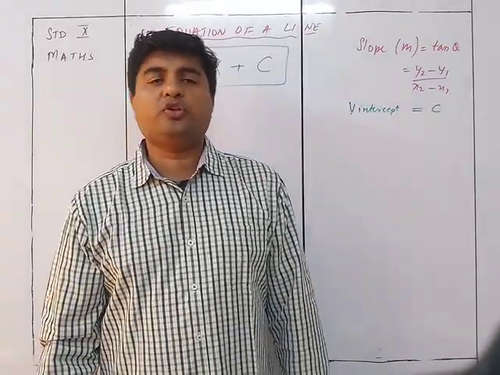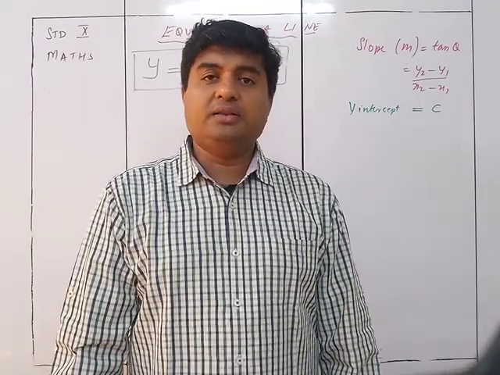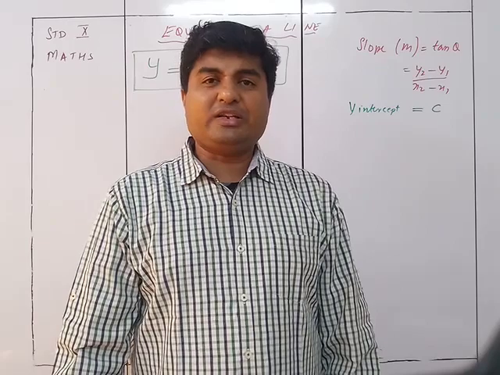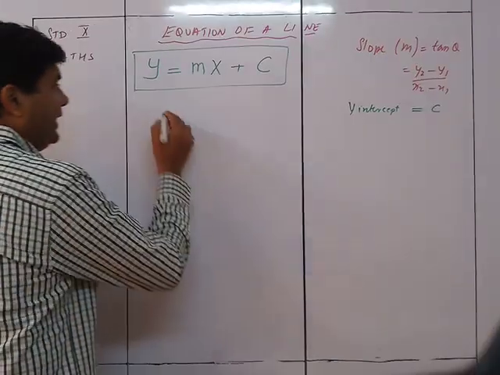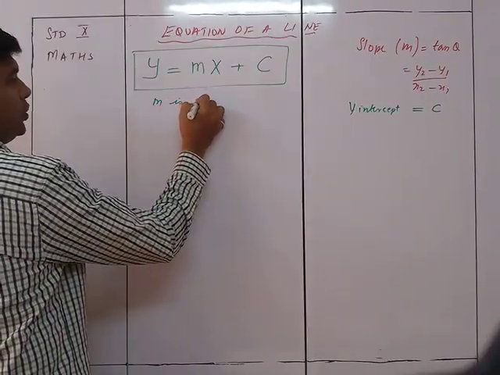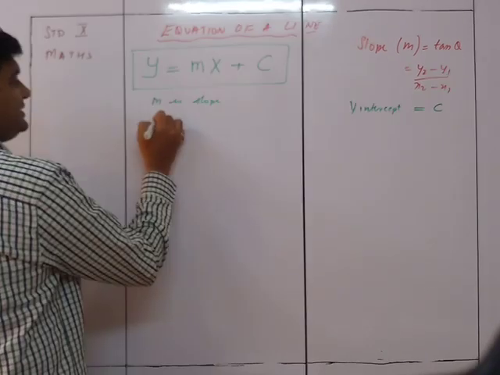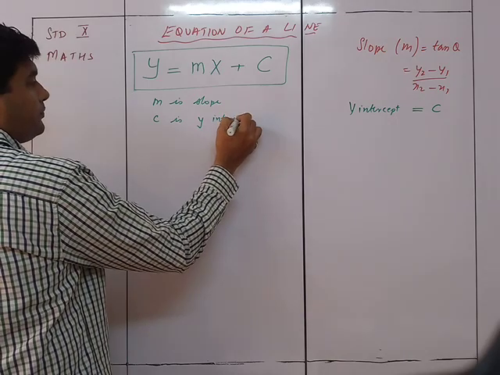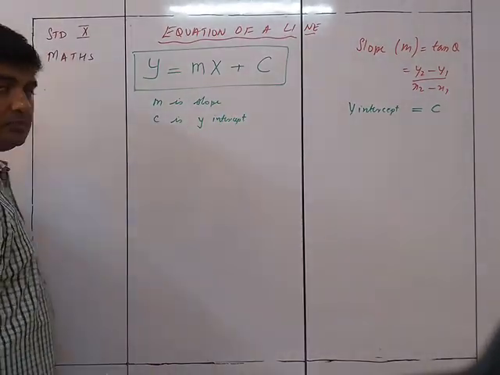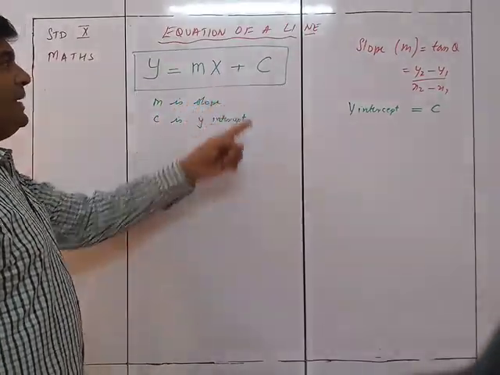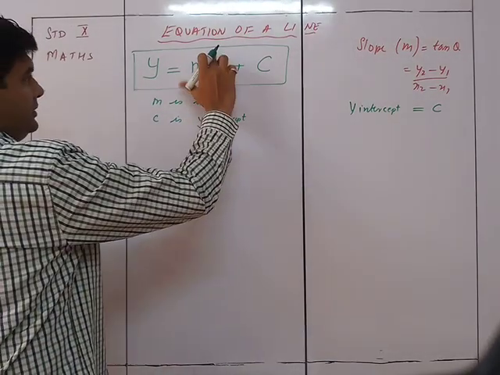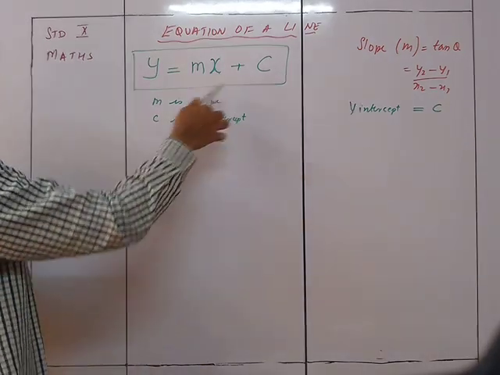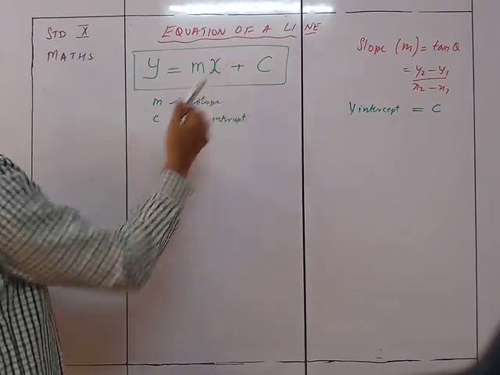The equation of the line will always be y is equal to mx plus c, where m is the slope and c is the y-intercept. In y equals mx plus c, this x is the same x as our normal x. So y is equal to mx plus c, m is the slope and c is the y-intercept.